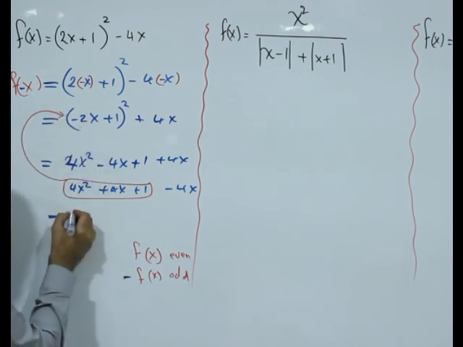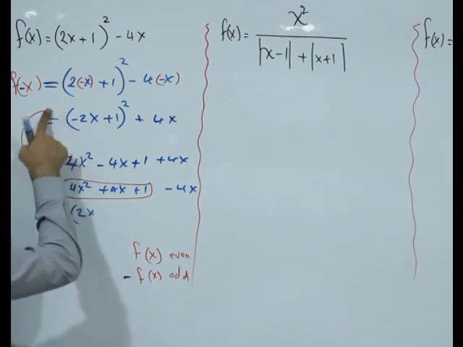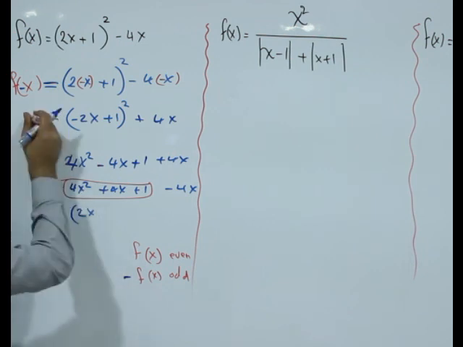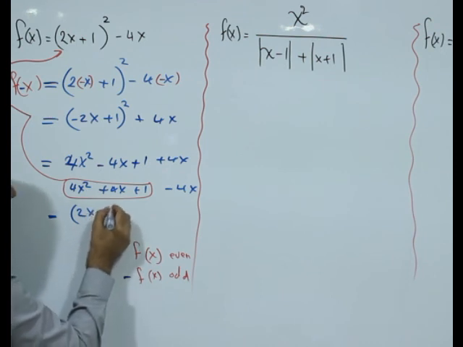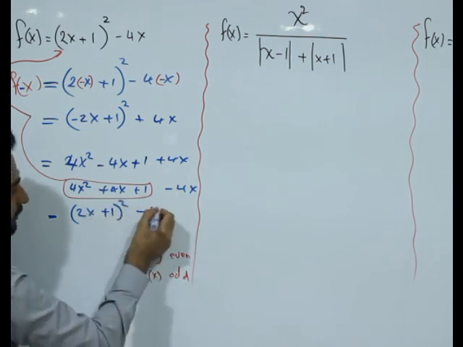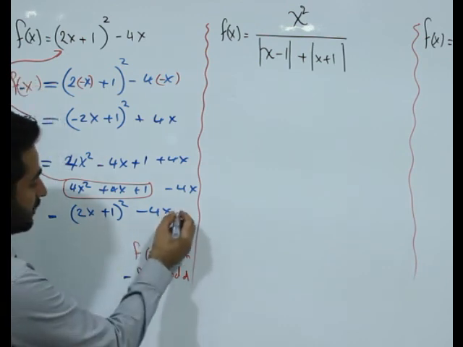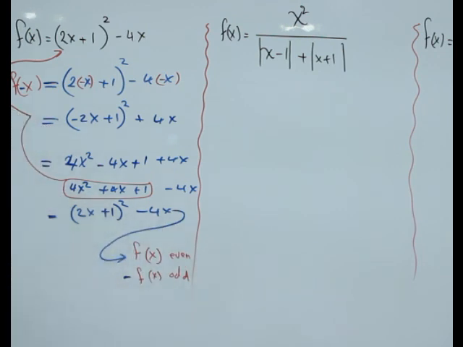So I can write (2x plus 1) to the power of 2 and minus 4x. Now, we get the same function, okay? So this is equal to what? Equal to f of x. And so this function is an even function.